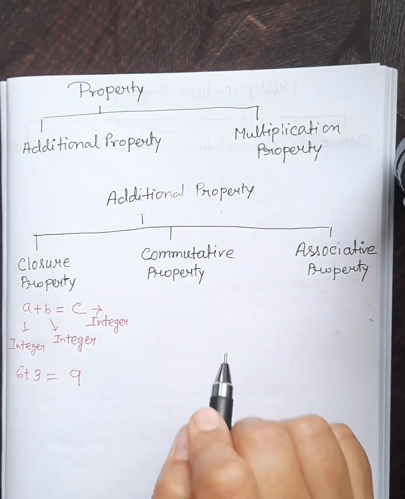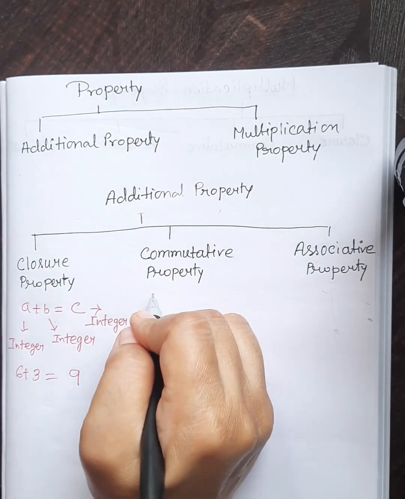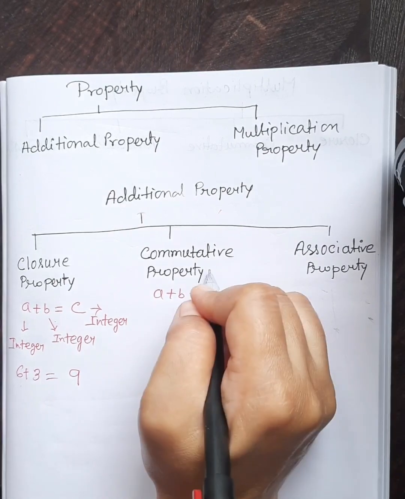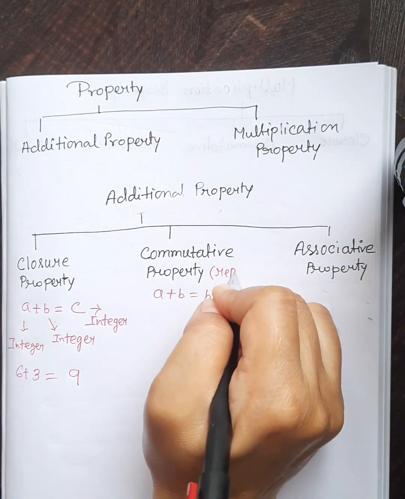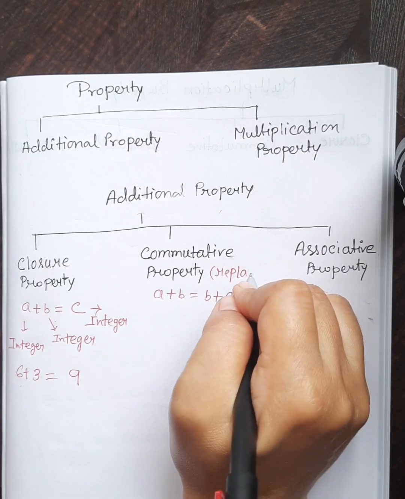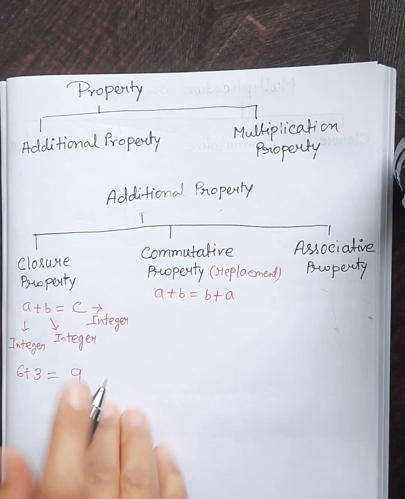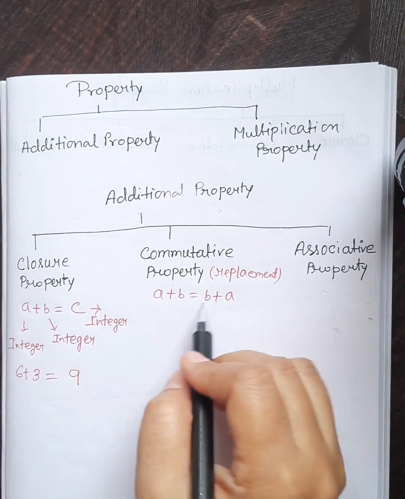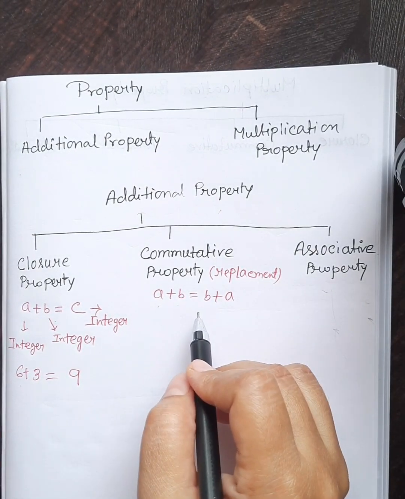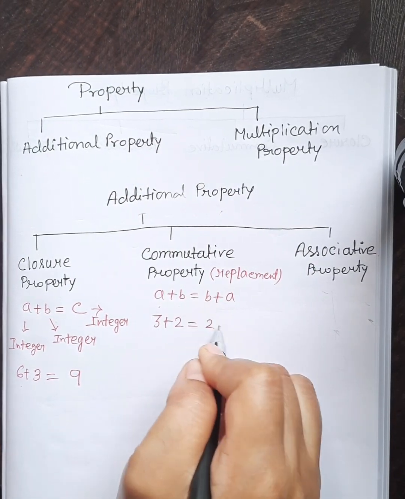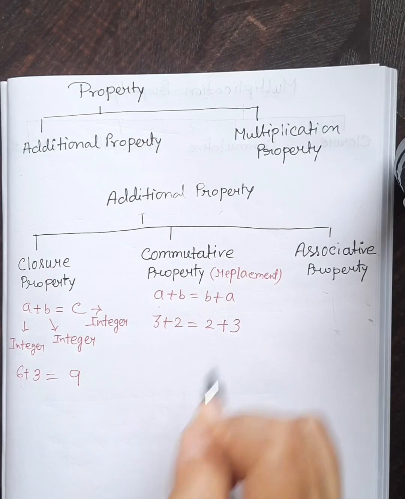Next, the commutative property. Commutative property is A plus B equals B plus A. It is also called replacement. Replacement means replaced. For example, 3 plus 2 equals, we can write 2 plus 3.